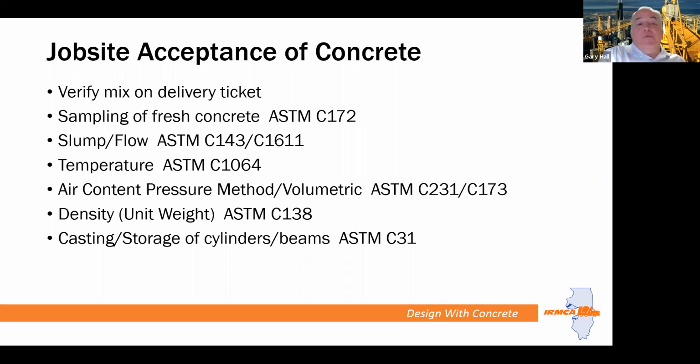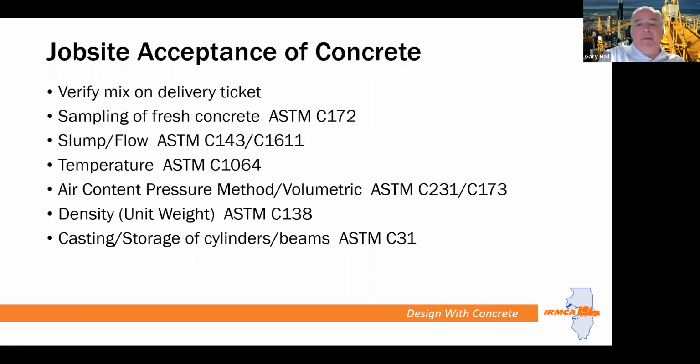Then we move on to, once we establish mixed proportions, whether standard or performance, the next phase would be job acceptance of the concrete. So obviously we have to verify the mix on the delivery ticket to make sure the right product is actually showing up on the job. That's common sense. And then we do the basic plastic testing on the job site, which includes proper sampling.